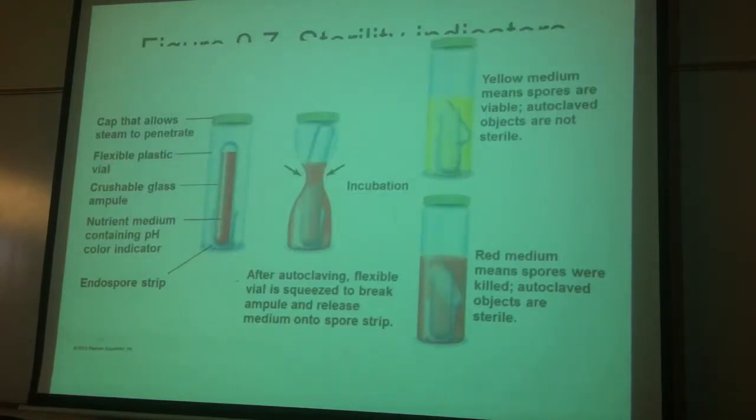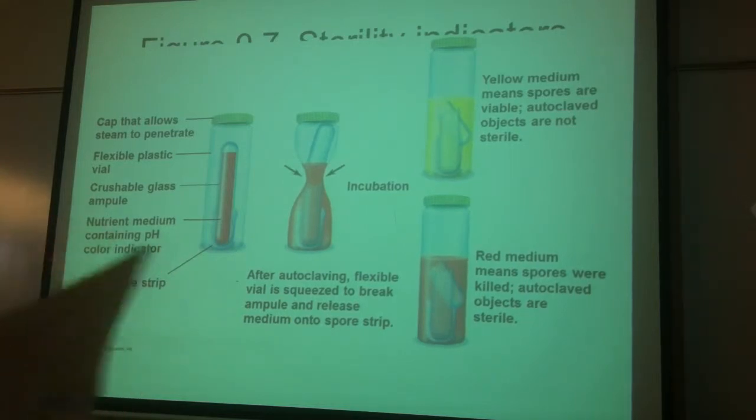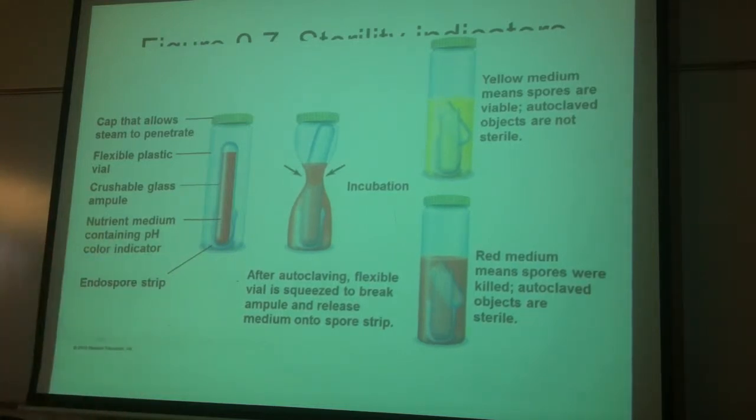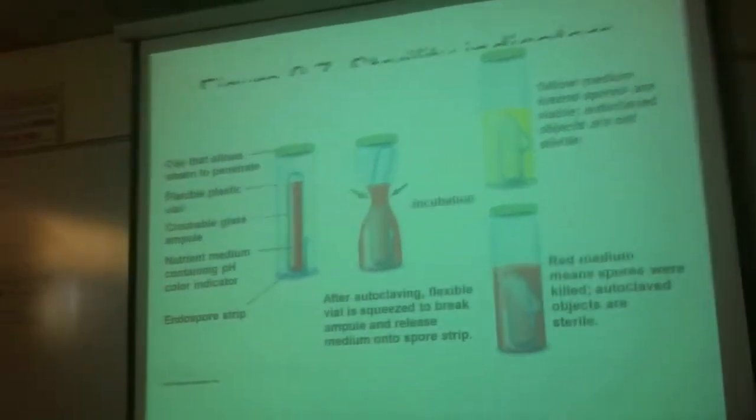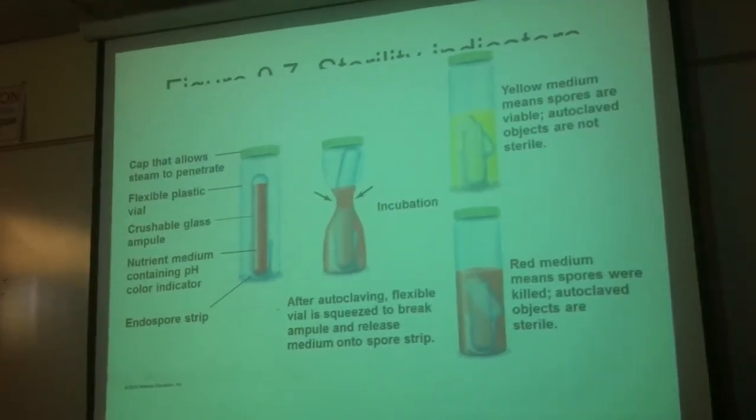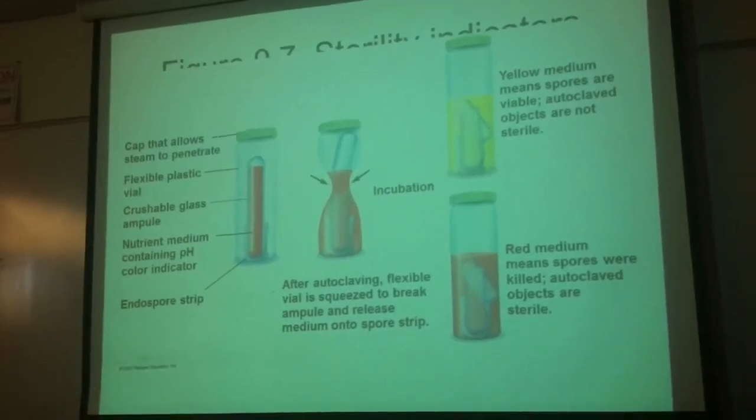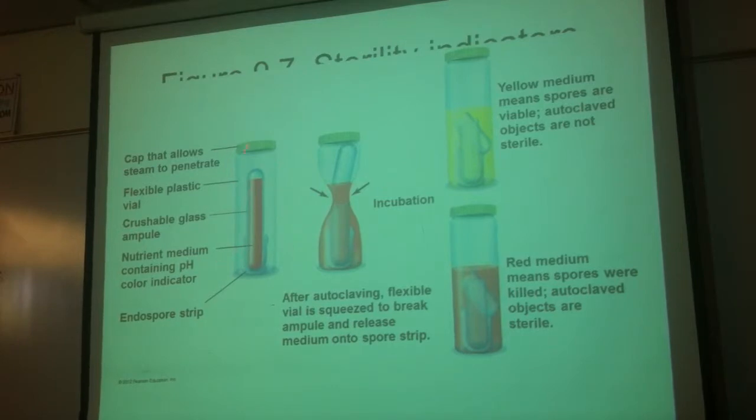Oh, that's fun. So, figure 9.7, sterility indicators. What I thought was kind of cool is the way they were figuring out methods of, does this kill everything? They would have rich nutrient media in a big flexible plastic vial, with a crushable glass ampule.